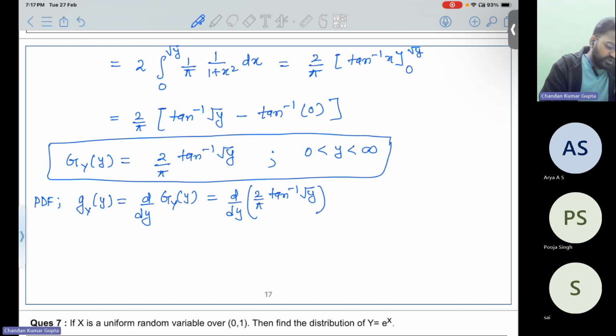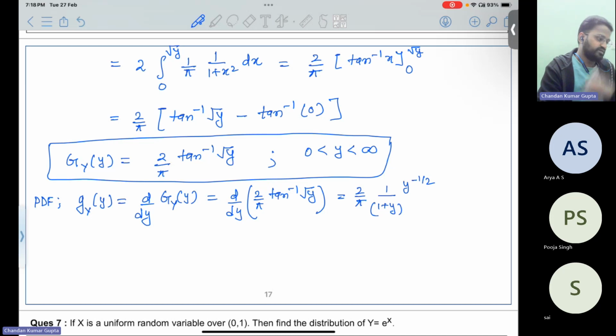If you solve this, you may find 2 by pi, then 1 upon 1 plus y, because root y square is y, and then y to the power minus 1 by 2 is there, into 1 by 2.